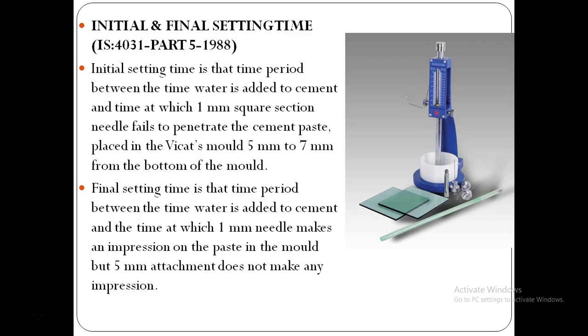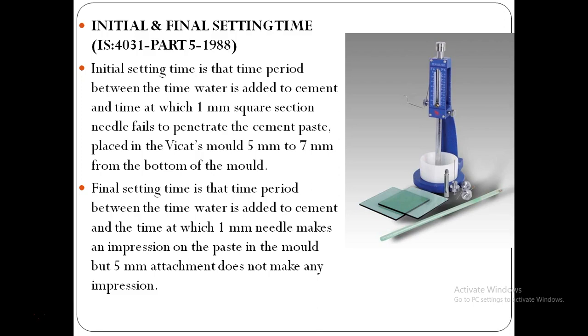So setting time is measured or determined by the Vicat apparatus. So option C is applicable in our case. The other three apparatus have different uses in civil engineering, and accordingly the student should mark the proper answer.